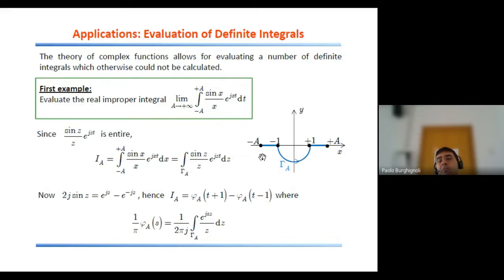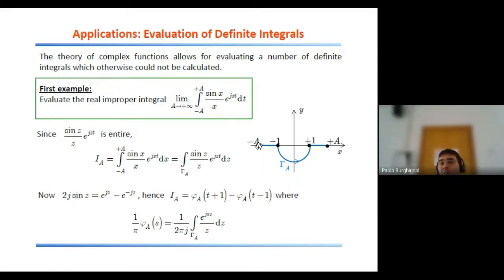This path is made of two straight portions, from minus a to minus 1 and from plus 1 to plus a, and a half circle in the lower half plane of the complex variable z. The Cauchy global theorem guarantees us that the original integral will have the same value as the integral along this new deformed path, gamma sub a.